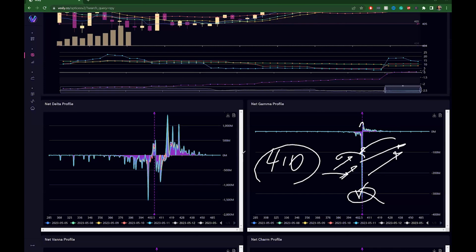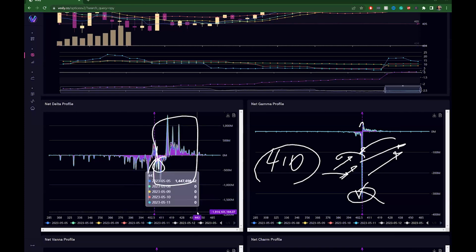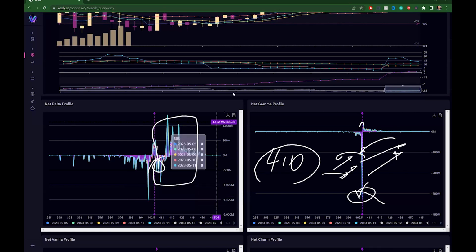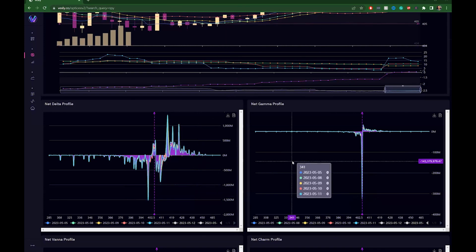If you look at the delta profile, there's negative delta up into 413, right? Which would be sellers are going to attempt up into 413 realistically. Above 413, 415, buy side kind of opens up. So if we correlate that with the S&P, let me just see here. Oops, what did we do?